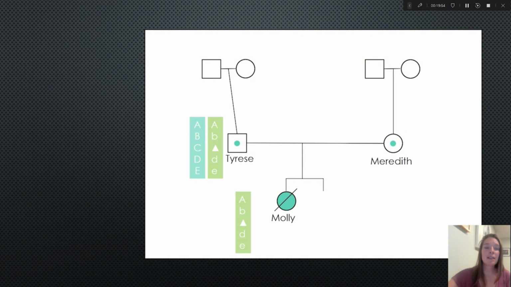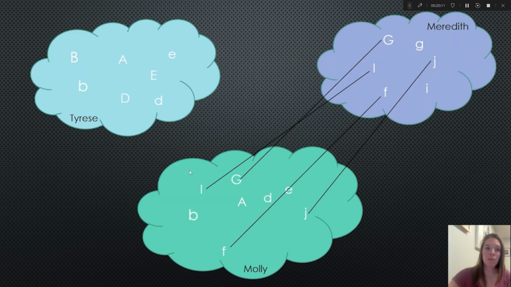After analyzing the SNPs, we can now make a partial map here of what's going on. We see the shared or linked markers between Tyrese and Molly, and we also see the markers that travel on the other allele that Tyrese carries. And then we'll do the same thing with Meredith. Using a DNA sample from Meredith and the stored DNA sample from Molly, the lab can compare what SNPs both Meredith and Molly share that Tyrese does not have.